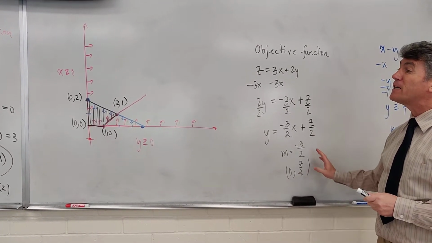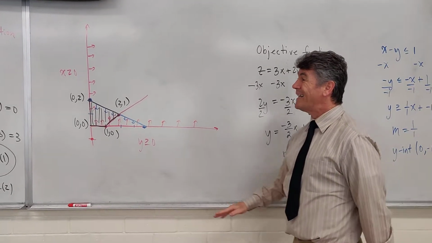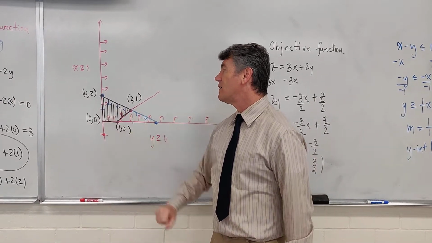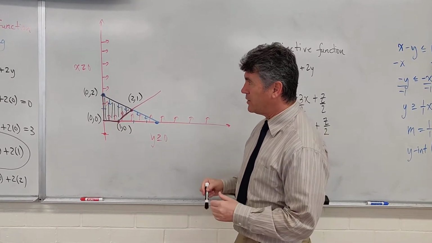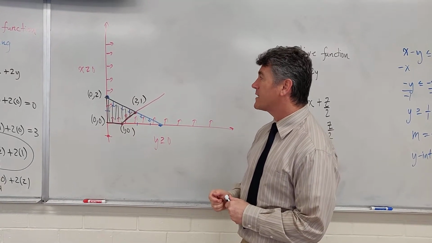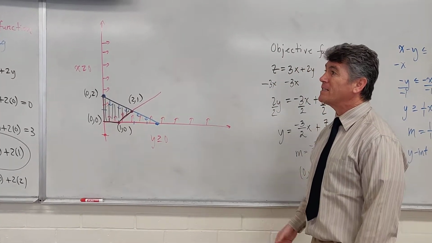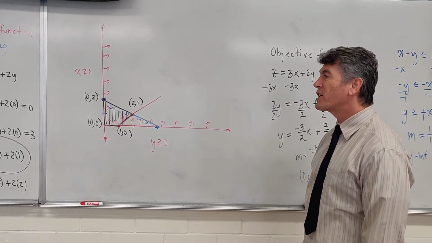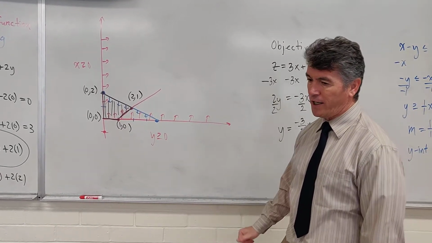Well, there's an infinite number of lines that intersect our feasible region, the region containing our feasible solutions, but we're looking for the maximum, and so we're looking for the line that has the highest y-intercept.